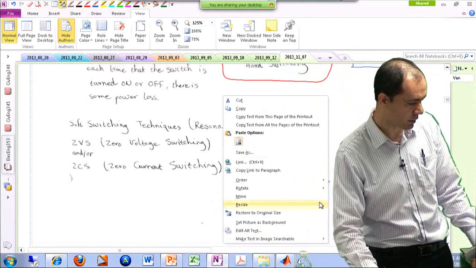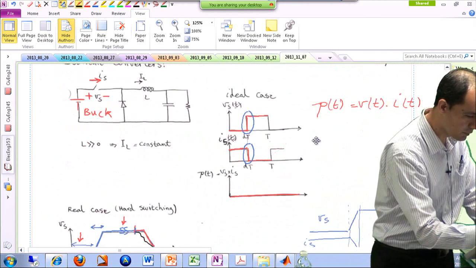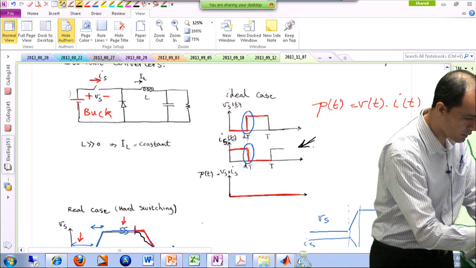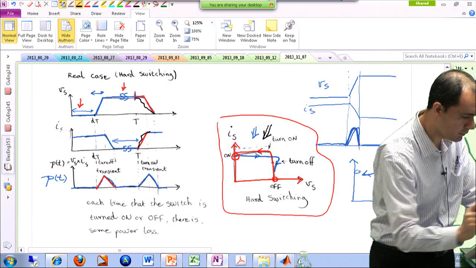So this is called a hard switching scheme, and again, this is still called hard switching scheme.